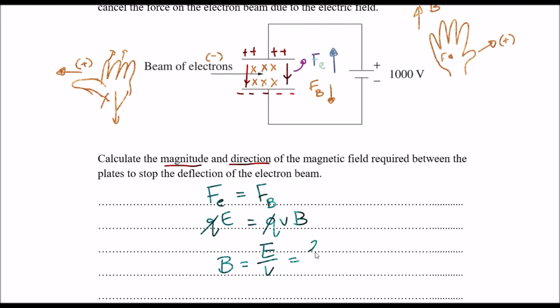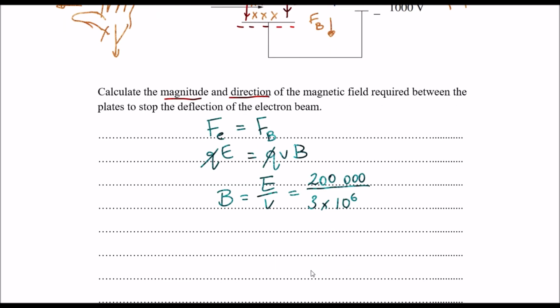We already know what the electric field strength is. It's 200,000 volts per meter. Divide that by the velocity of the electron, and let's have a look at what the overall magnetic field strength will be. Okay, so if we write it out, it's 0.06666 recurring.